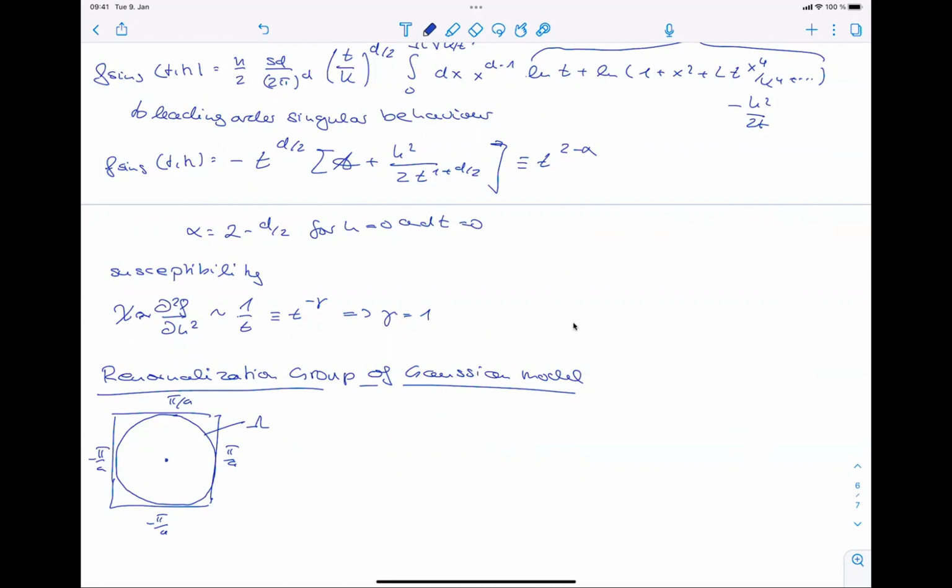Now my renormalization group procedure is to coarse grain and rescale in my Brillouin zone, so that I define a lambda prime that is lambda over b by blocking.